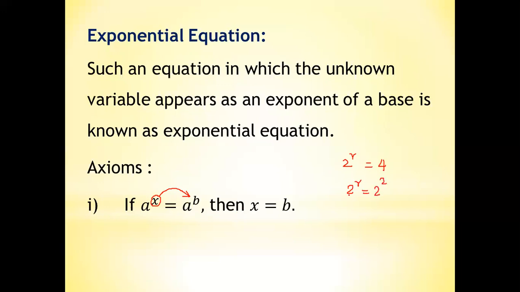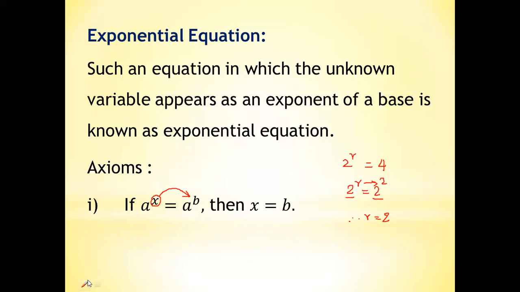Because the base and base are the same, power and power will be equal. That means the value of r will be equal to 2. This is the basic idea of the first axiom of exponential equations.